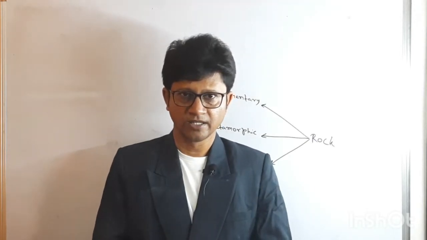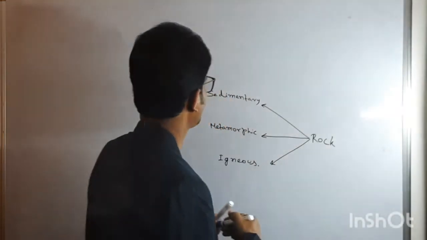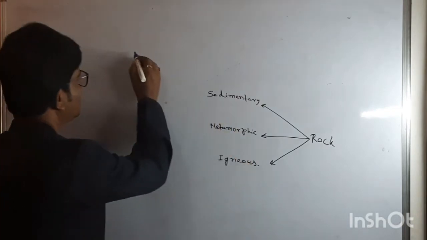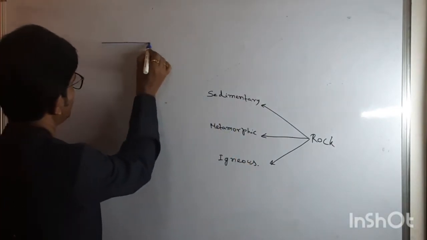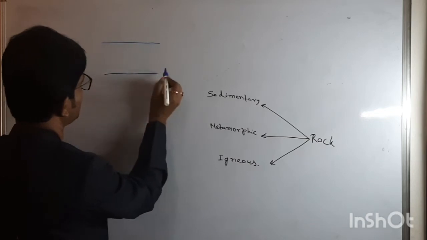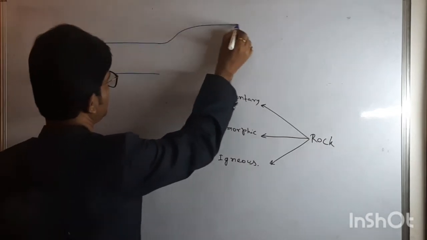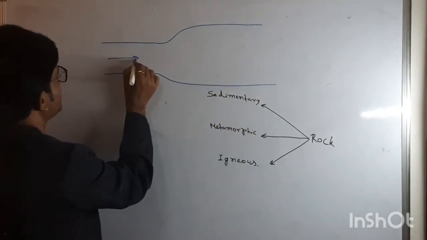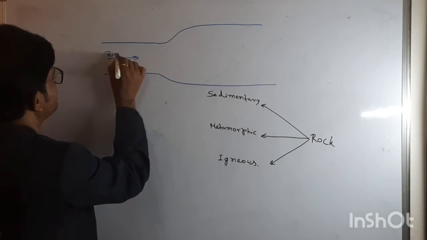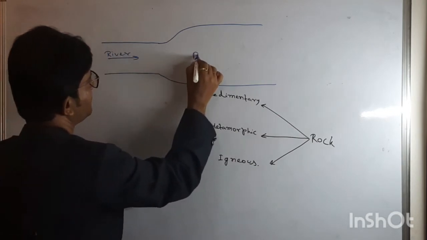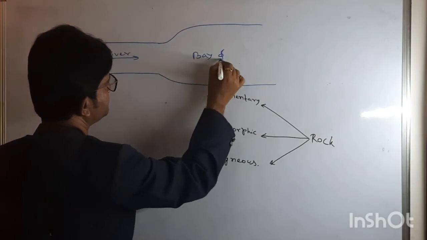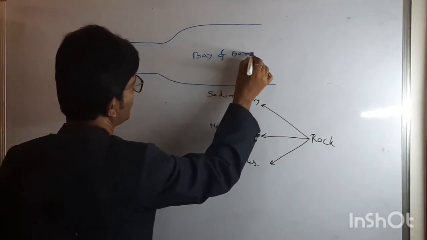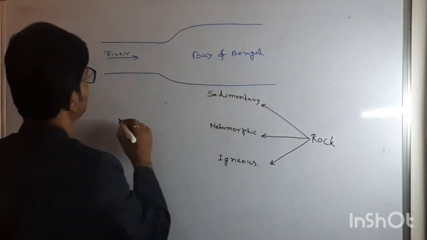So now what happens when these finer materials get deposited into the sea? Let's see that. Suppose this is the river, and this river is entering the sea. This is the Bay of Bengal, or you can call it sea.